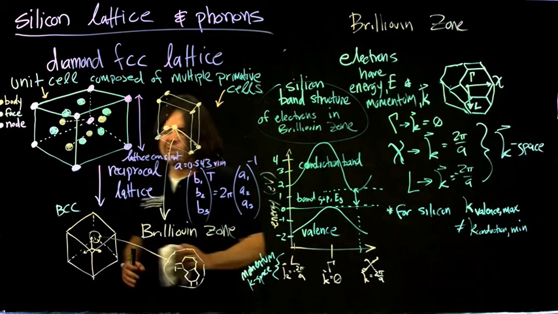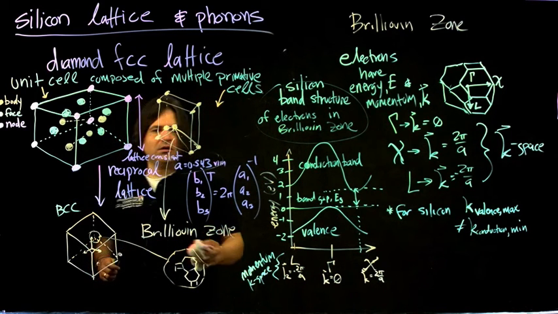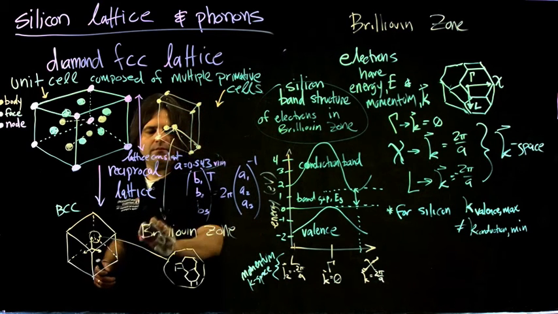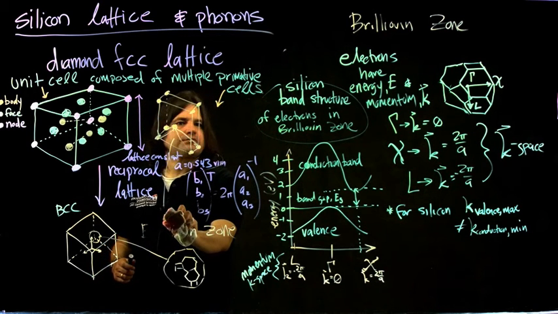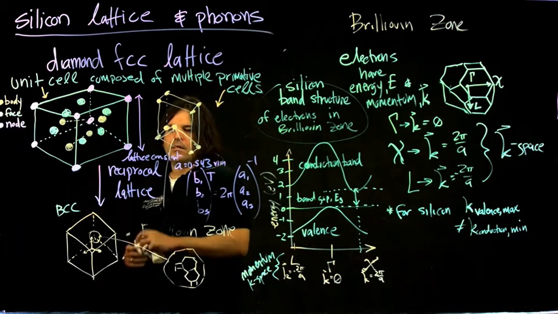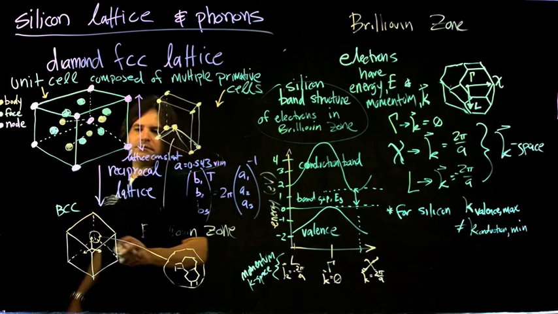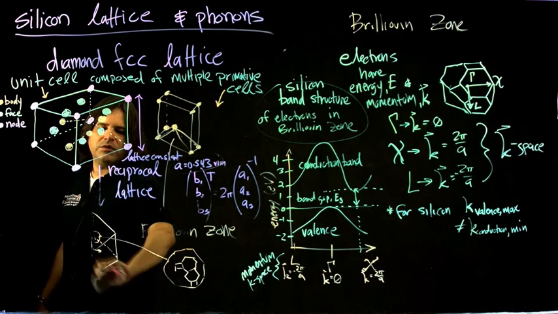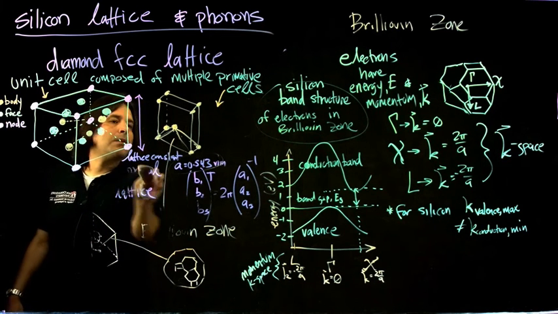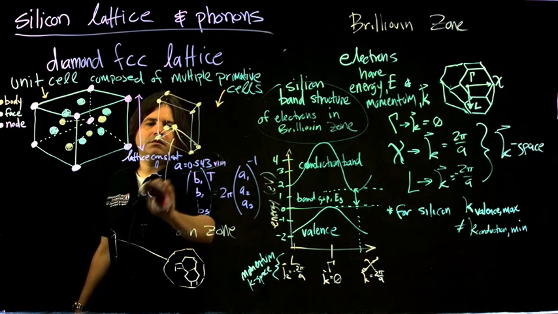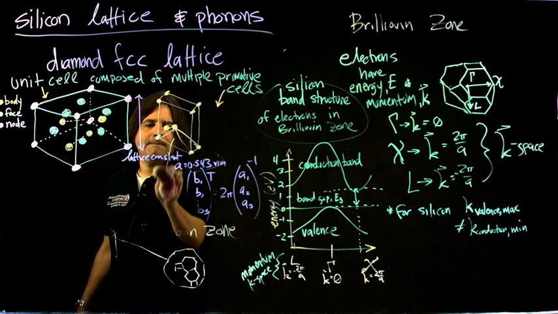Okay, so I'll erase this stuff and remind you some other way. So we are in reciprocal space. Lattice constant a.